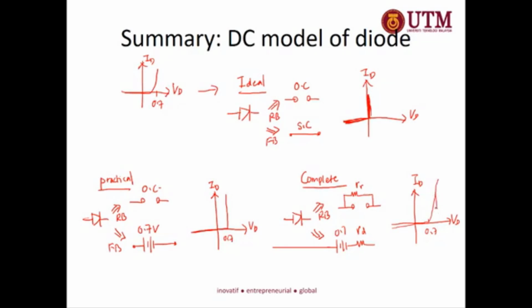This slope is 1 over small RD. If you compare the IV for each model, you can see that the complete model has a quite similar IV to the actual diode. This is the actual diode. That's why it is called the complete model. But anyway, we will largely use the practical model for our analysis.